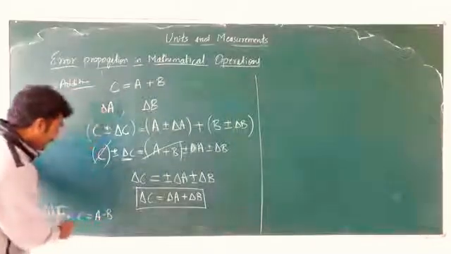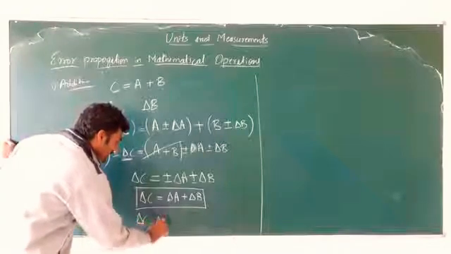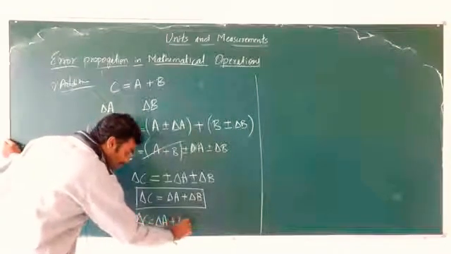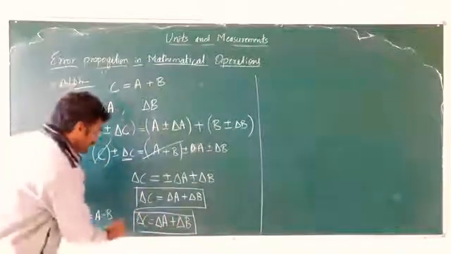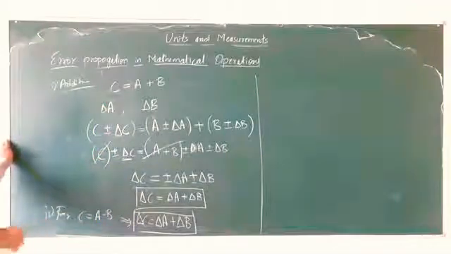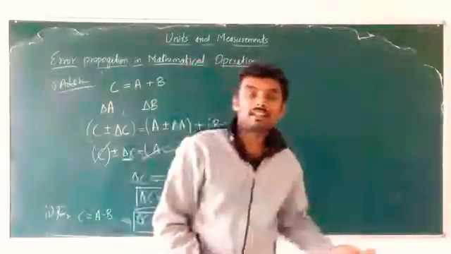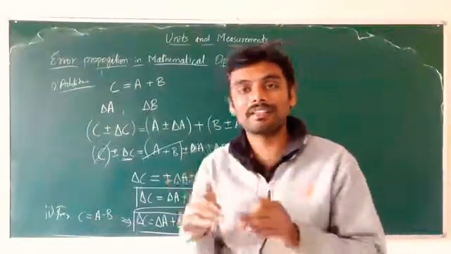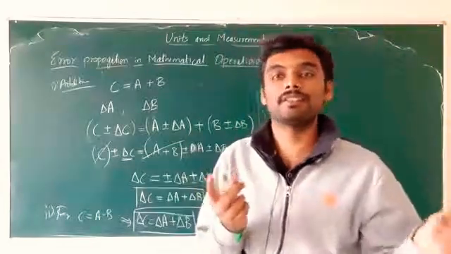So when we have C is equal to A minus B, delta C will be delta A minus, not minus, sorry, it is delta A plus delta B itself. Even for subtraction, the error is delta A plus delta B, because an error with another error will not decrease the error. It will always increase the error, isn't it?